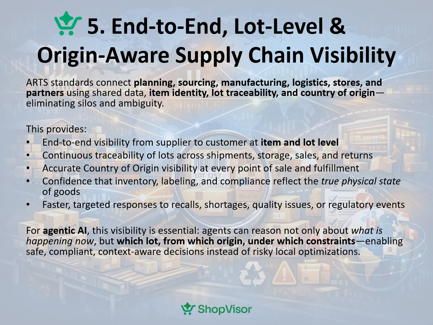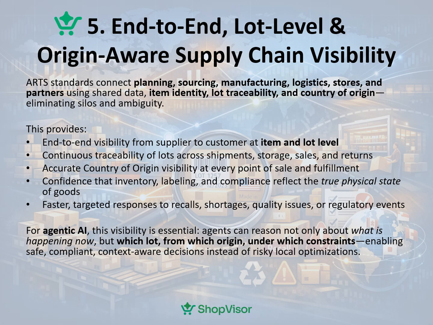Continuous traceability of lots across shipments, storage, sales, and returns. Accurate country of origin label visibility at every point of sale and fulfillment. Confidence that inventory labeling and compliance reflect the true physical state of goods. Faster targeted response to recalls, shortages, quality issues, or regulatory events.